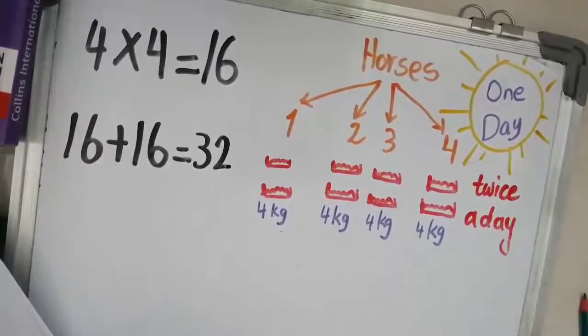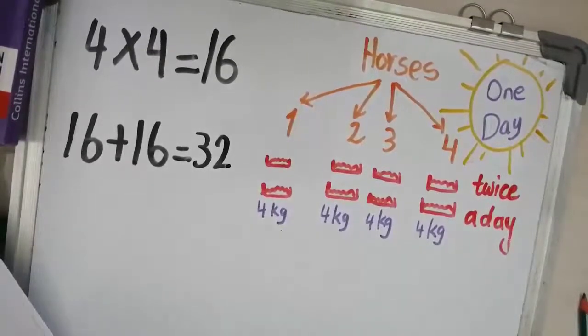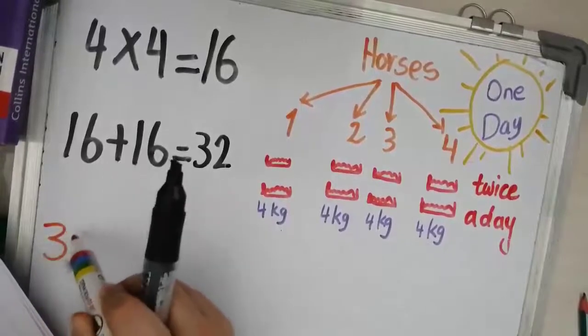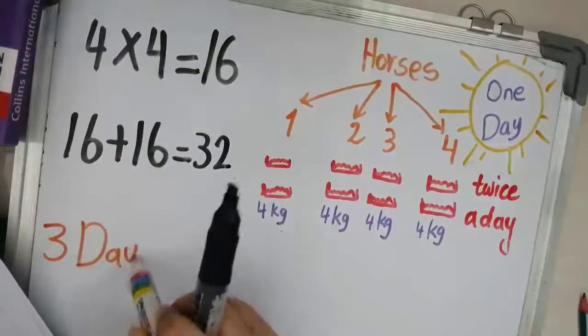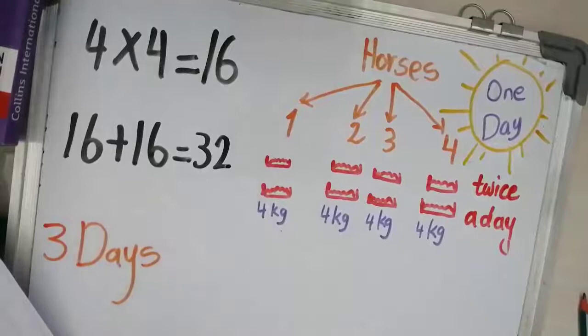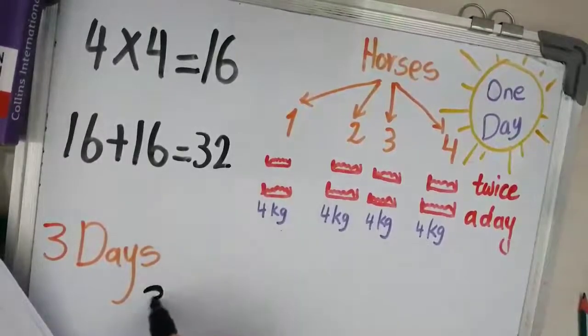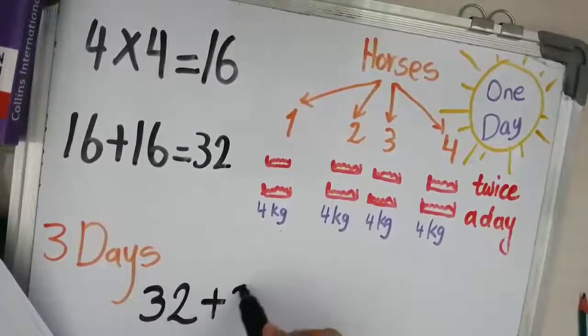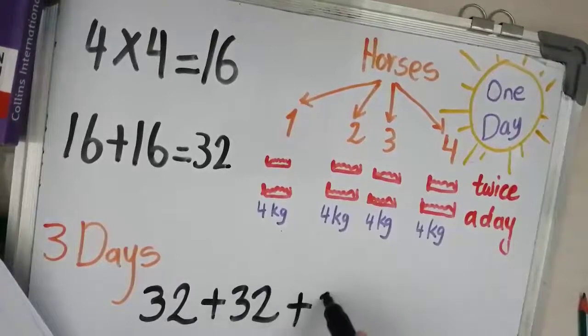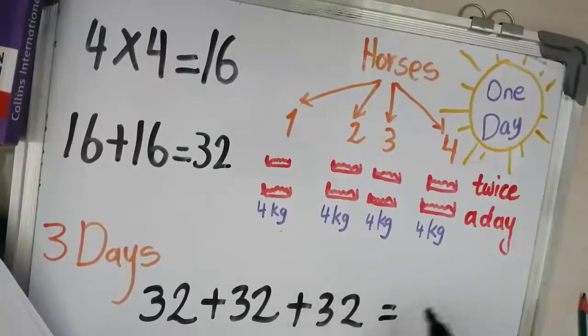Step number 2 is the number of kilograms for 3 days. So 32 plus 32 plus 32, which is 96.